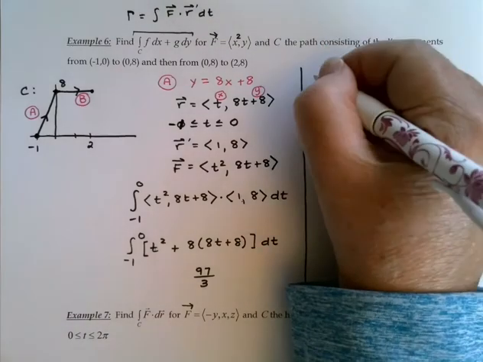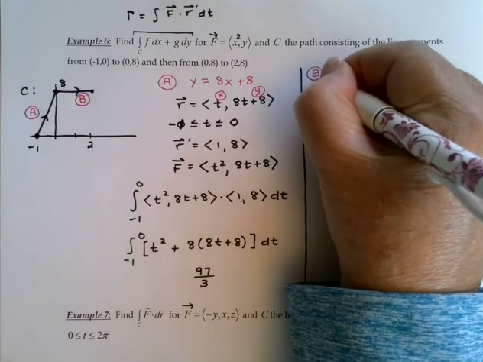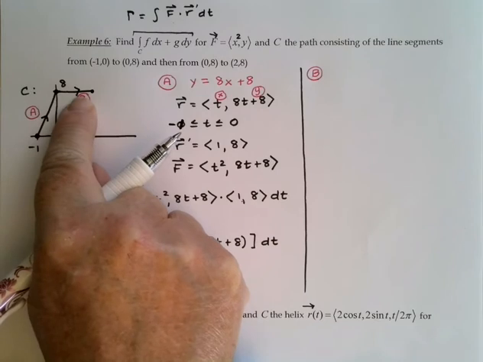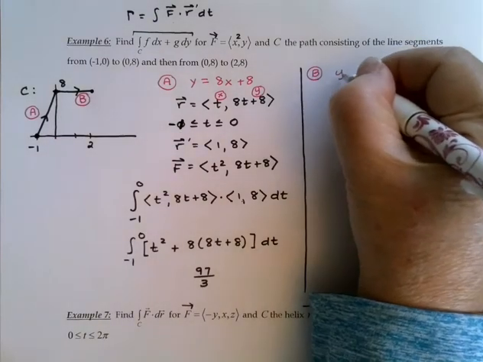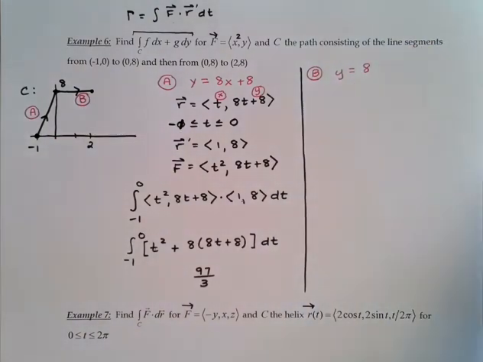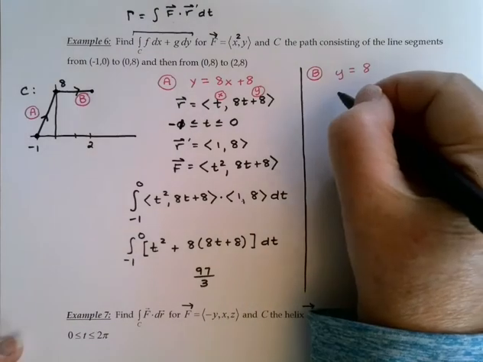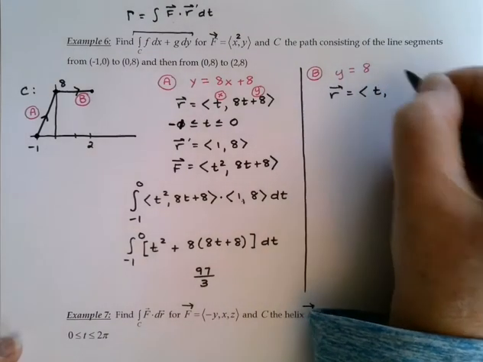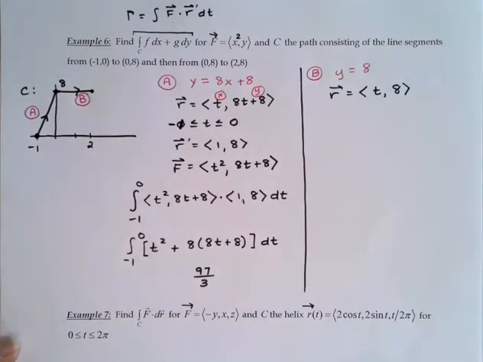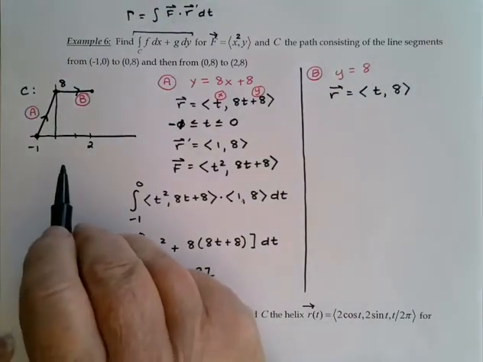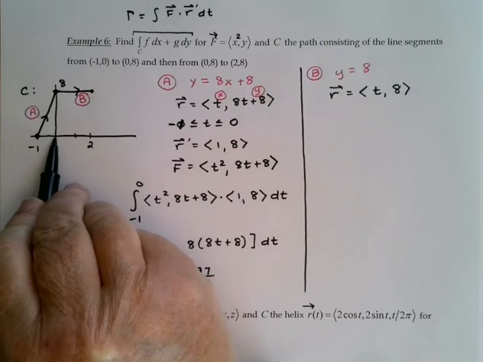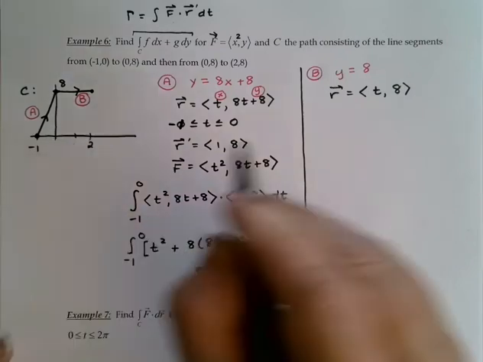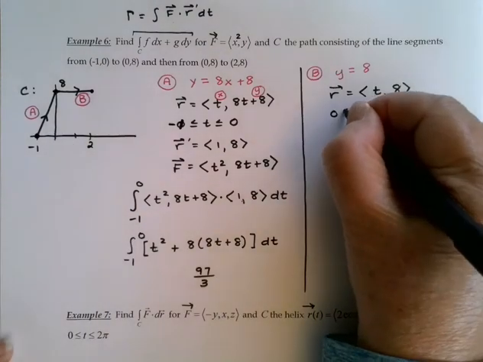All right, similarly, we'll do path B. Path B is just the horizontal line y equals 8. So for r, again, I'll let x be t, y is just 8. Since x is t, and the x's go from 0 to 2 for this part, that means the t's also go from 0 to 2.